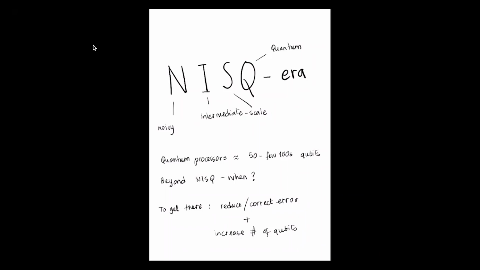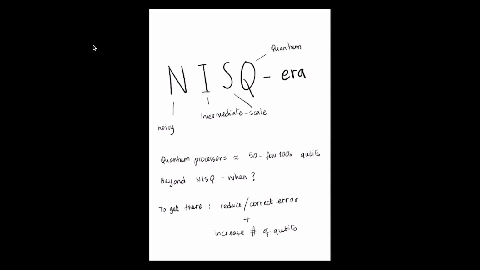So again, intermediate is a combination of the fact that we don't have a lot of qubits, and we also don't have ideal gate fidelity. It's moderate.